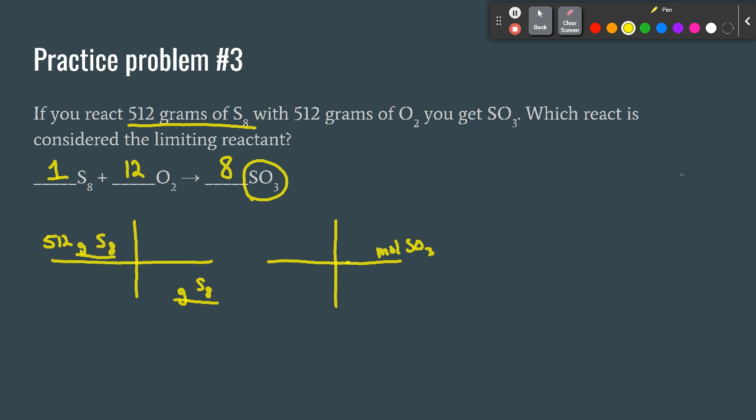So to do that, I'm going to take 8 S's times the weight of S, which is 32. And 32 times 8 is equal to 256. So I'll put 256 in this spot. And this is 256 grams per mole.